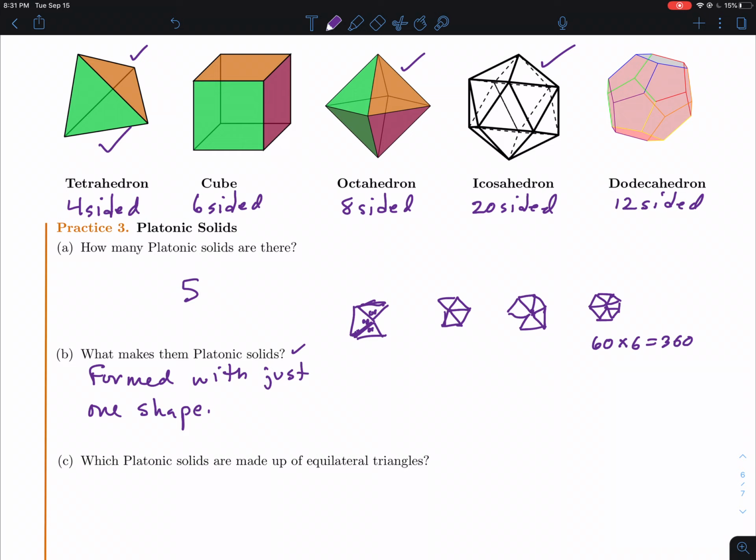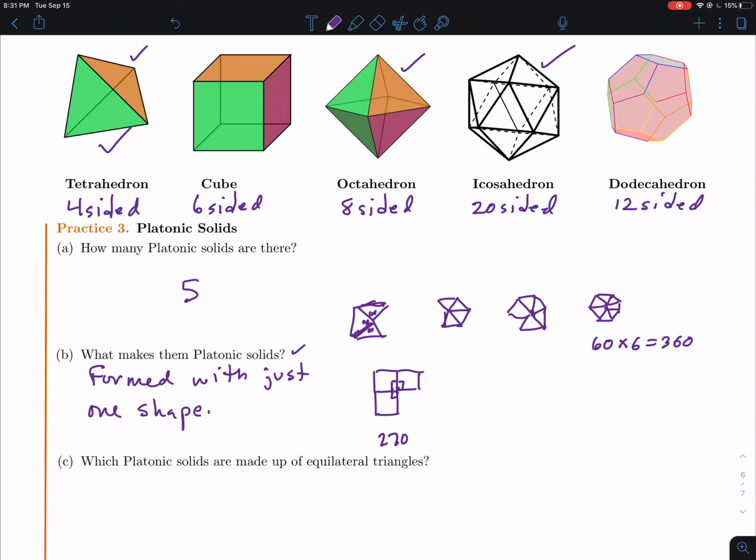So the same thing would be true for the cube. If I take squares and I join them together at a single point, if I put 3 of them there and I fold it up, that's going to be half of the cube. And if I do the same thing, that would give me the other half of the cube. And if I add all these degrees up, since they're all 90, that gives me 270 degrees.